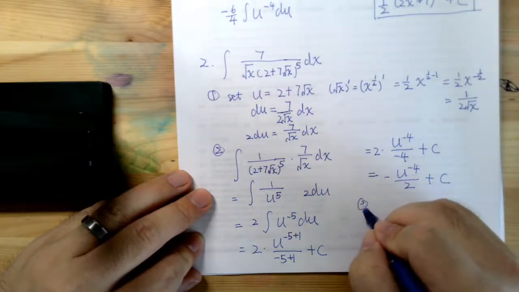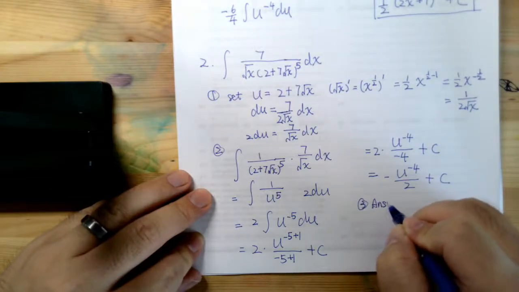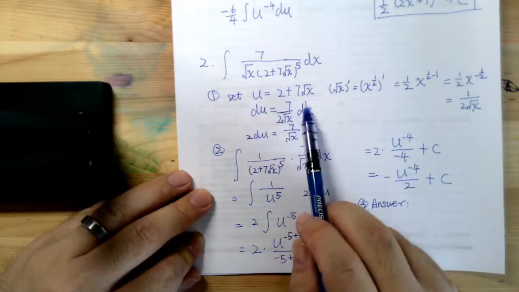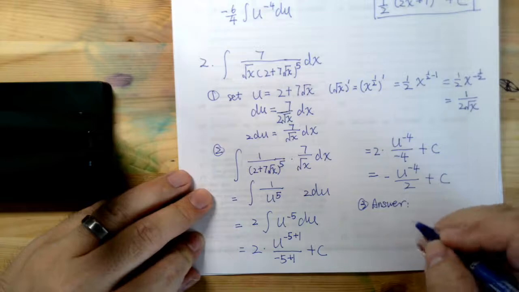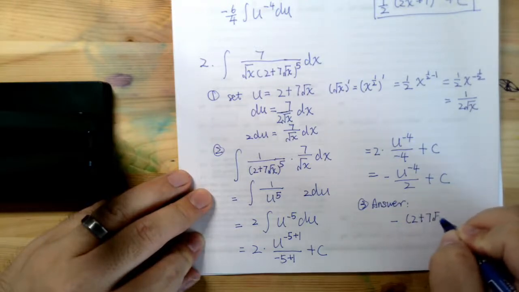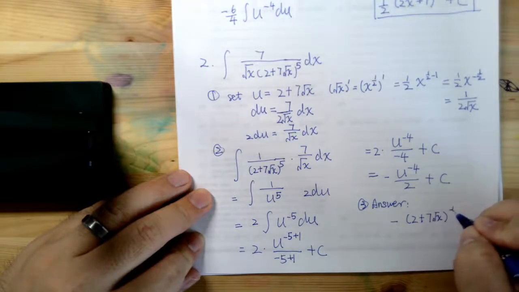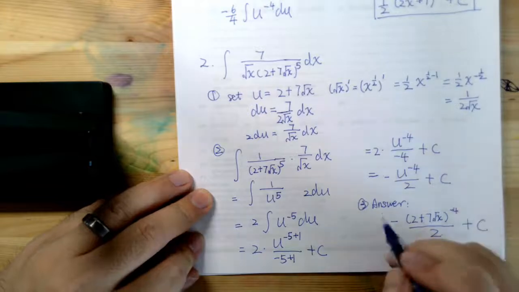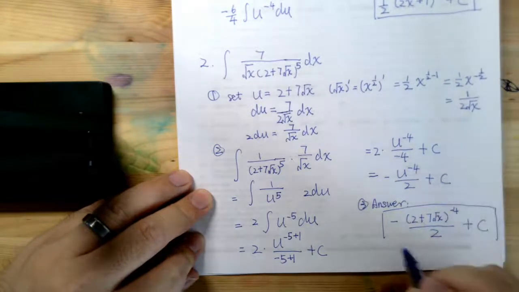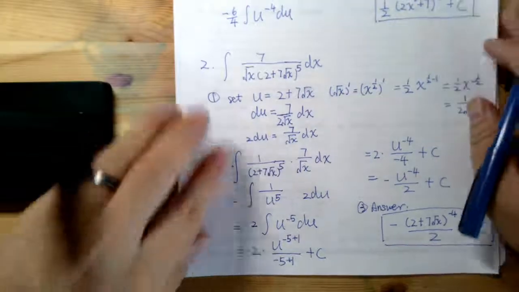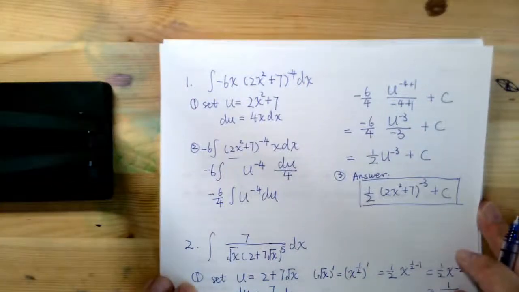And then step 3, our final answer. We substitute u back with 2 plus 7 square root of x. So it gives us negative (2 plus 7 square root of x) to the power of negative 4 over 2, and then plus a constant c. That is our final answer. Okay, so two problems, both use the u substitution.